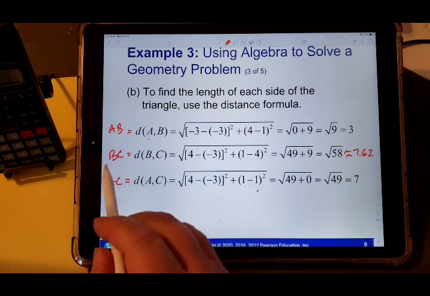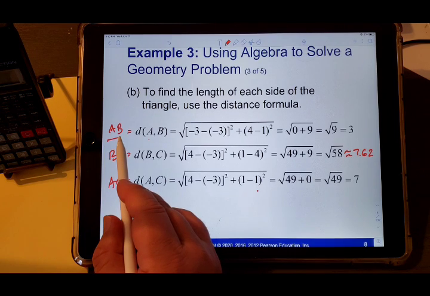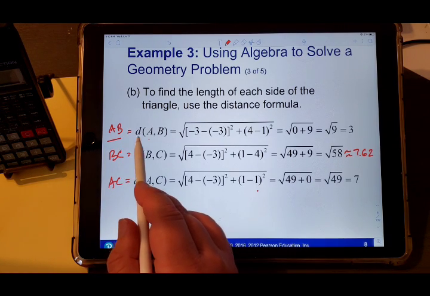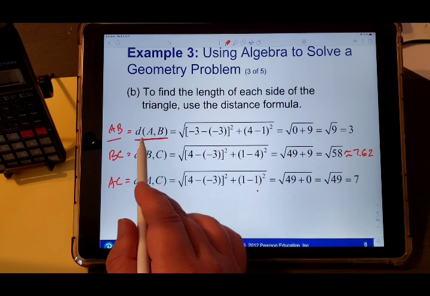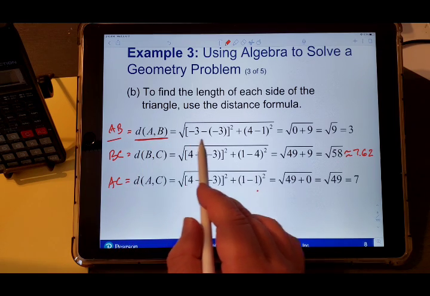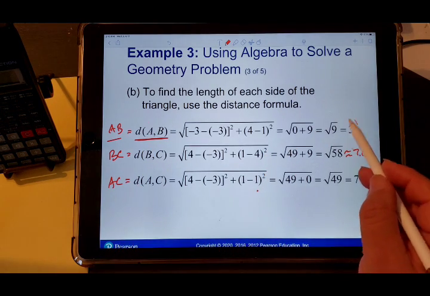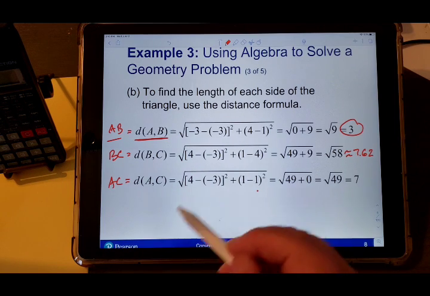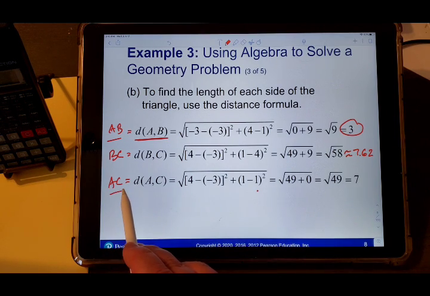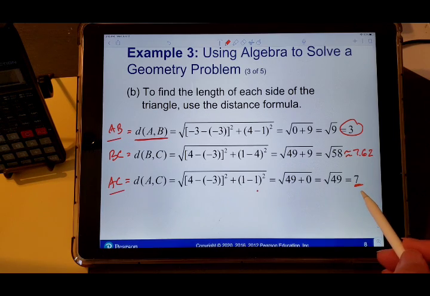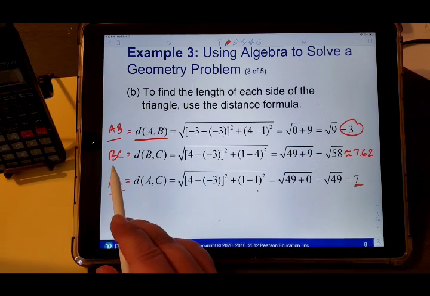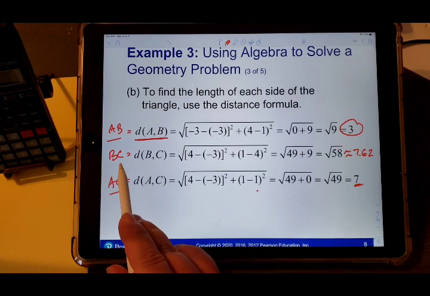And you can see what the author did. AB, the author did calculate that. The author uses this notation for AB, distance from A to B, substituted appropriately, and got 3, as we saw on the other page. AC is 7. So we knew that. But the one we couldn't figure out just by looking was BC.